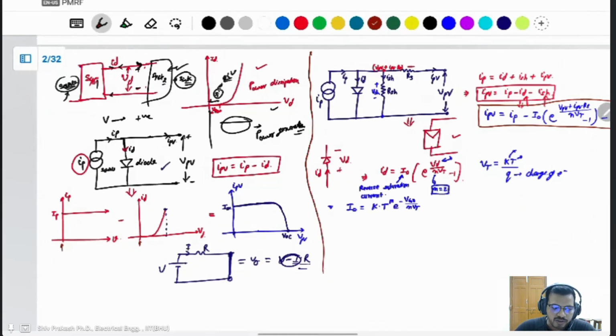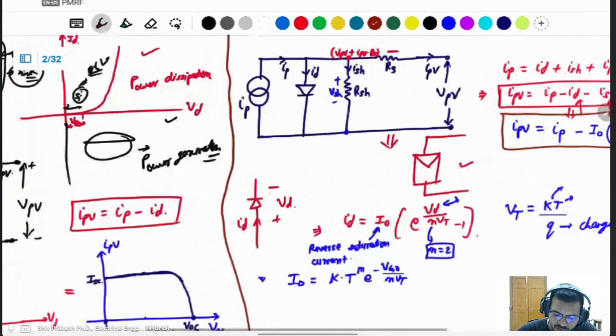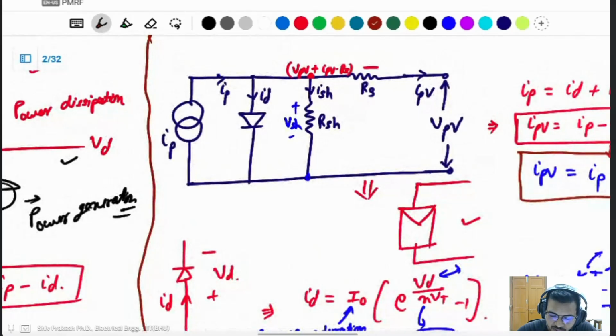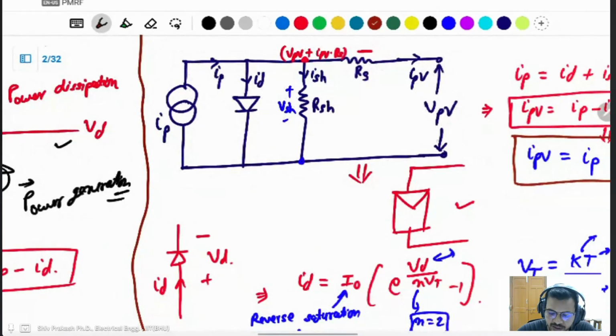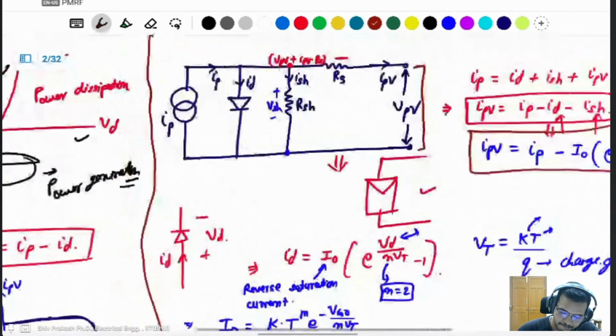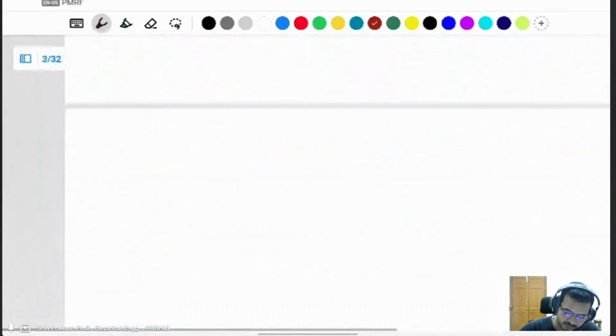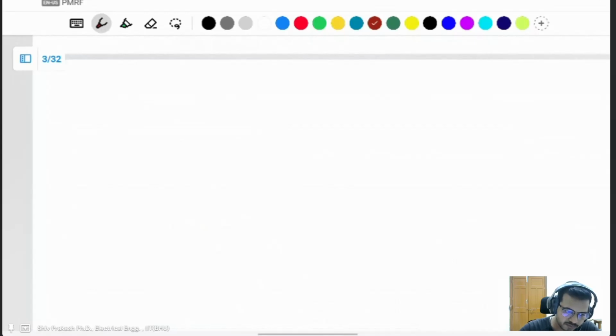To find the short circuit current, what will you do? We have to short circuit this one. If we short circuit the terminal, we will get the short circuit current ISC. Same thing I can do here.